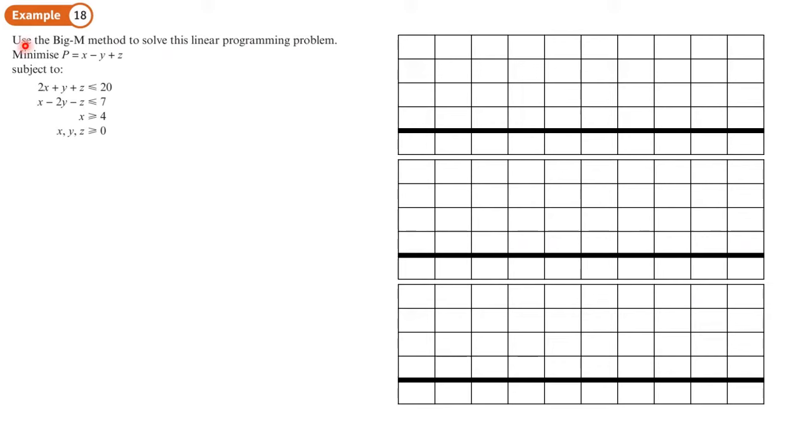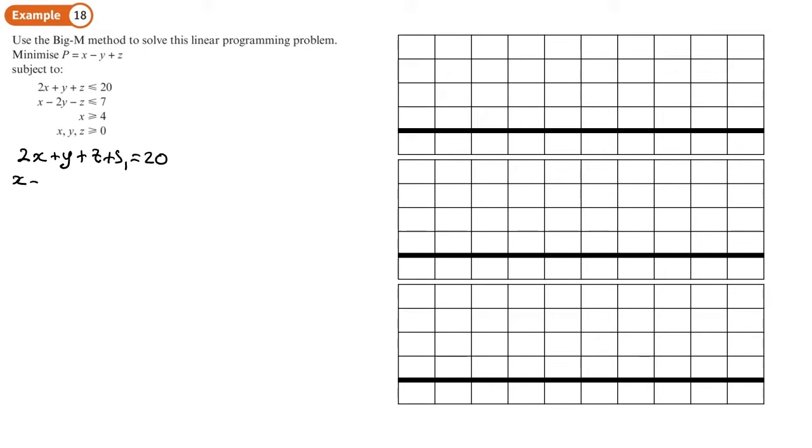Example 18, use the big M method to solve this linear programming problem, and you'll notice here it says minimize. So let's start with the equations. We will have 2x plus y plus z is less than or equal to, so we add a slack variable.